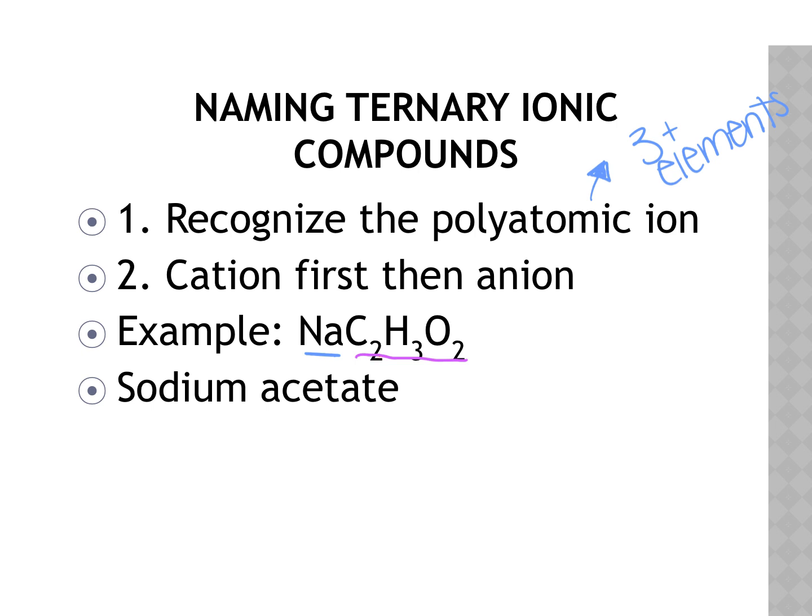Where would you look to find the name of that? Backside. Okay. I'm going to help you for this one. Look, it's the very top one. And this time I gave you the second formula. Do you see how it's C2H3O2 off to the side? Okay, what is C2H3O2? Good, acetate. So then we just put it together, and we just name it as sodium acetate.